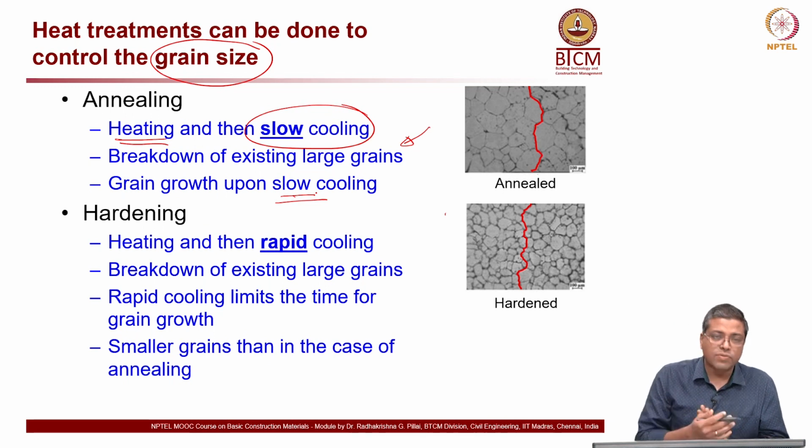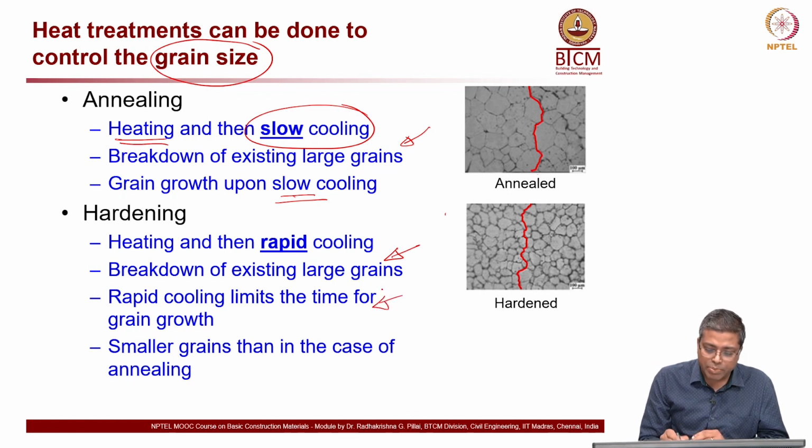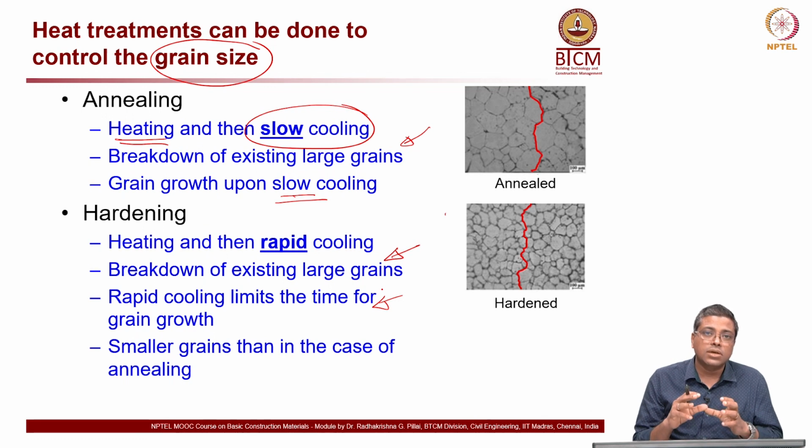Now in case of hardening, it is heating and then rapid cooling, and this also breaks down the existing large grains in the heating process, and then because of rapid cooling, the final grain size is going to be relatively smaller as compared to the annealing case.